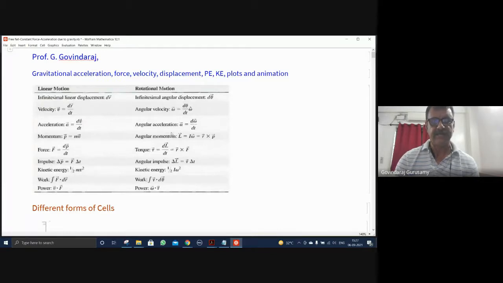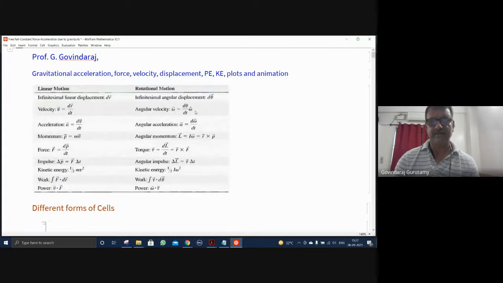You come to the rotation, exactly similar thing is there. In rotational motion, there is an angular velocity involved here. You can see this is your angular component of the velocity, and this is a vector quantity.